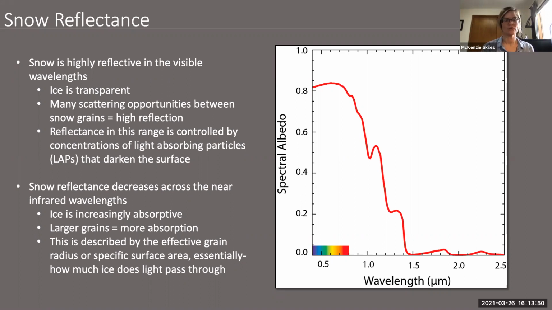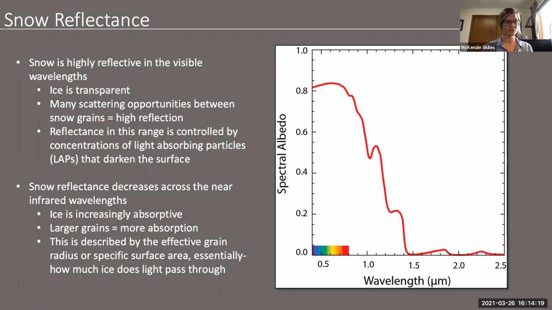Then as we move past the visible wavelengths into the near infrared, ice is increasingly absorptive. It's no longer transparent. In the longer wavelengths, the more ice you have in your snowpack, the more absorption you'll have. So as grains grow over time through metamorphic processes, you get more absorption.